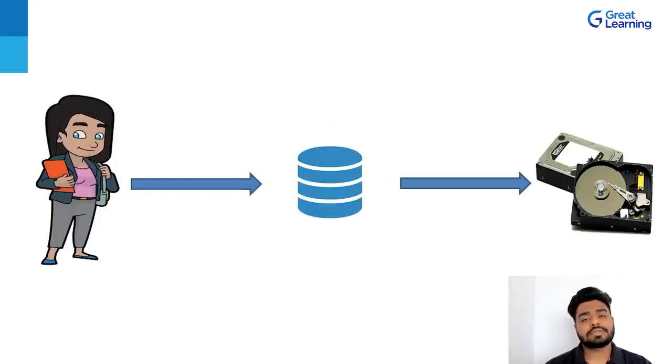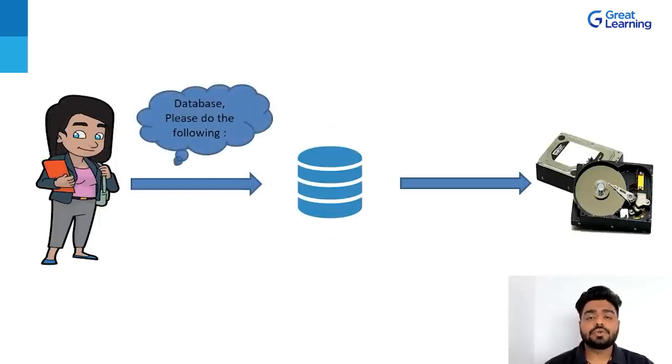We use database management system software to say, hey database, can you please do the following things? Now a database has a similar kind of structure which it always maintains. And if you want to tell the DBMS that we want to save some data, we have to tell it the procedure for how to do it.